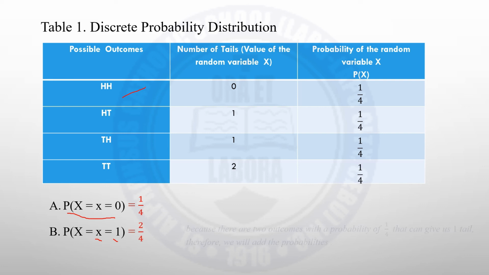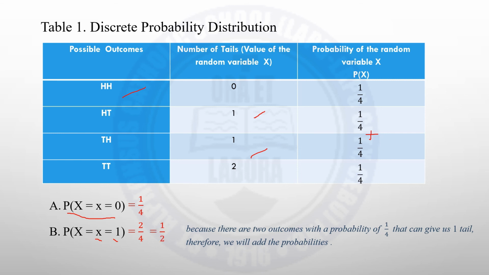Why do we have 2/4? Because there are 2 outcomes with a probability of 1/4 that can give us 1 tail. So we have this here as well. Therefore, we will add the probabilities, and the result will be 2/4. Or simplify that 2/4, and the answer is 1/2.